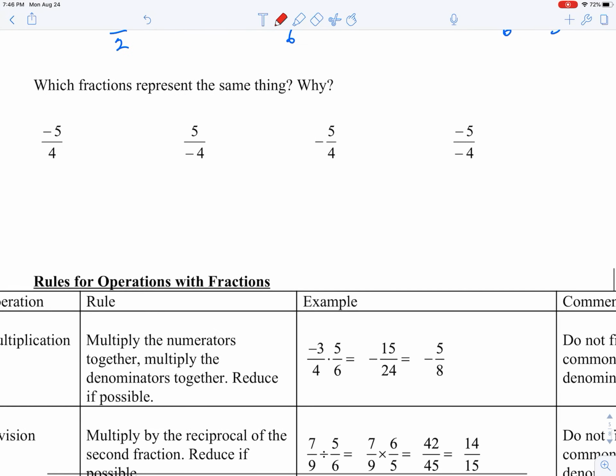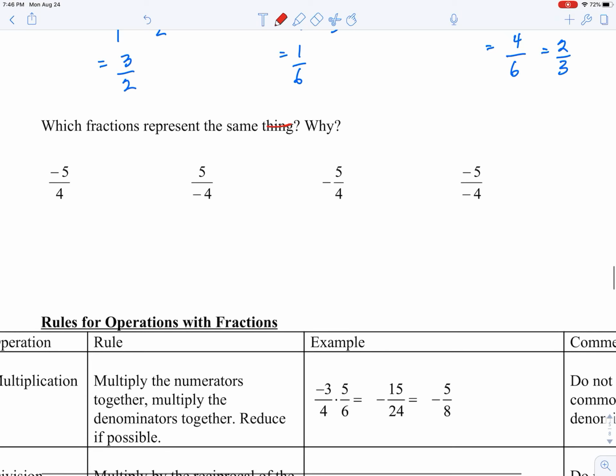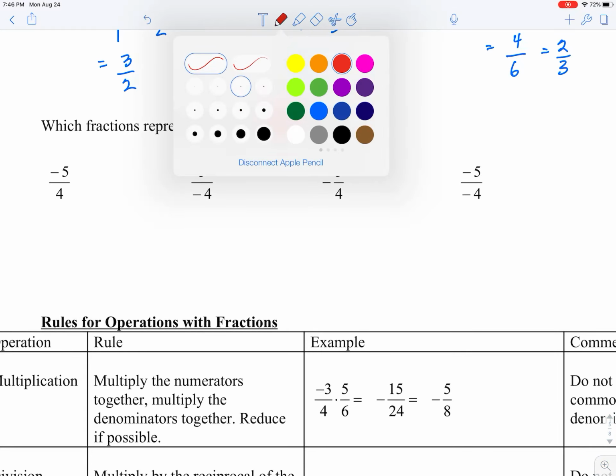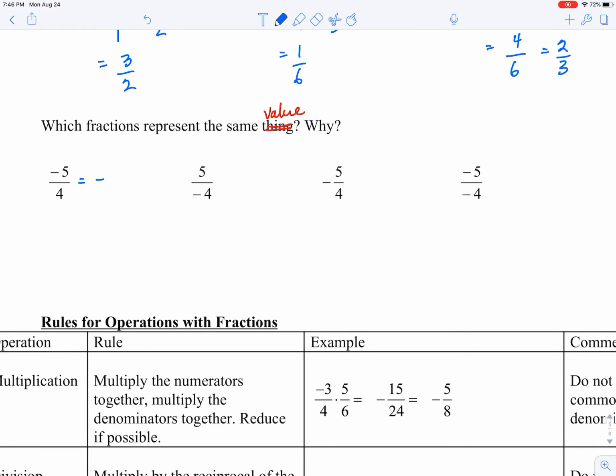The next one says, which fractions represent the same thing and why? So instead of the word thing, I might use the word value. And one of the easiest ways to do this is to do the division. And I know we said no calculator, but that was for the previous stuff, order of operations. For this one, if we were to use a calculator and calculate -5 divided by 4, we'd get -1.25.